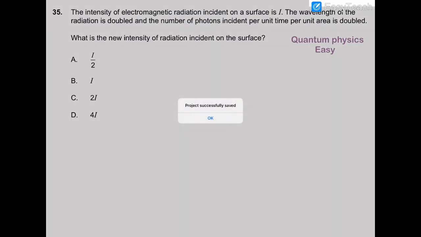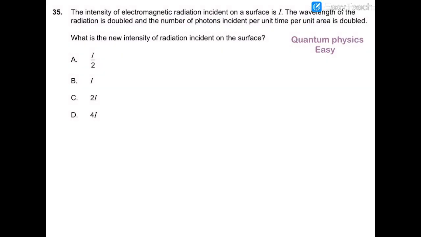Now in this question, the intensity of electromagnetic radiation incident on a surface is I. The wavelength of radiation is doubled and the number of photons incident per unit time per unit area is doubled. What is the new intensity of radiation? The intensity of radiation is photon flux, which we call the number of photons striking per unit area per unit time, into hc by lambda, the energy of one photon.